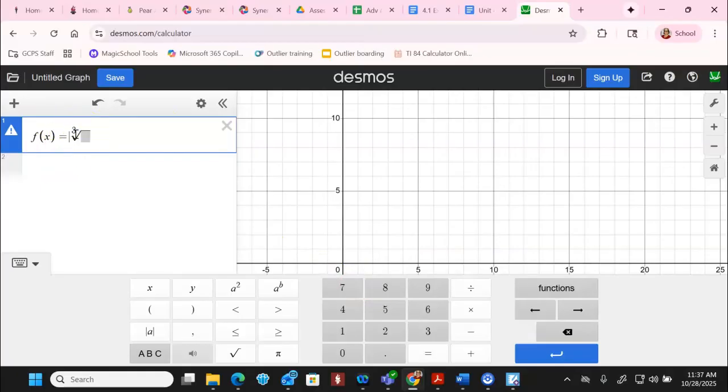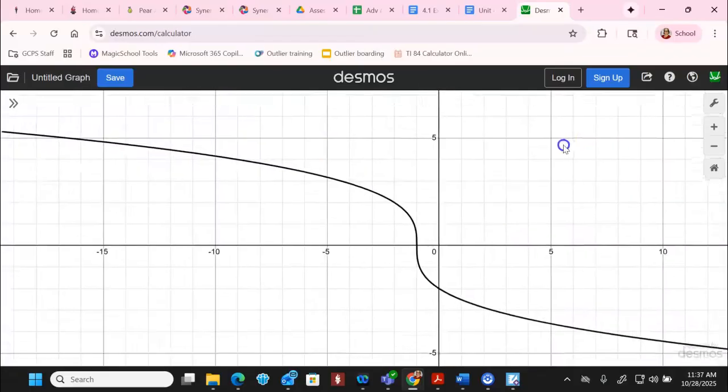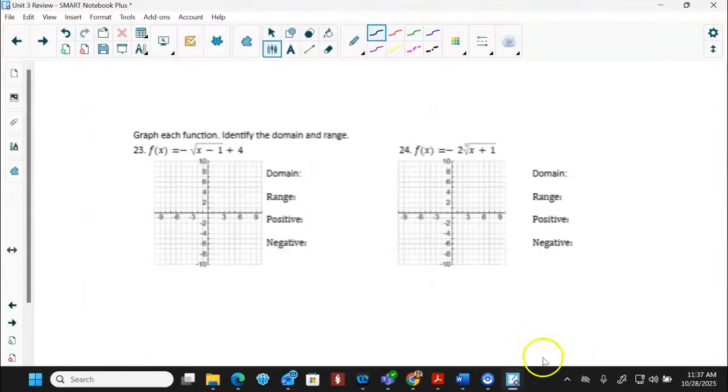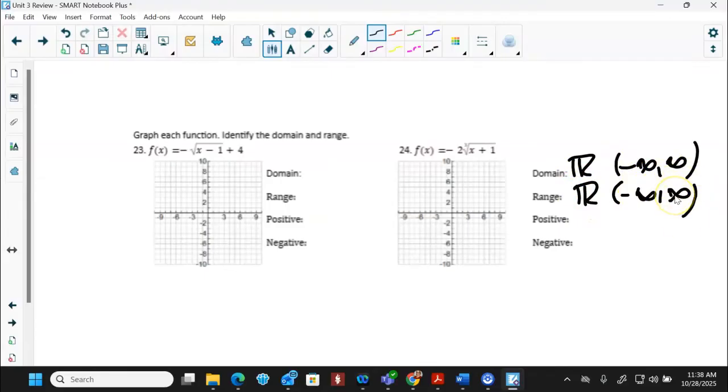It was -2, cube function x plus 1. Now remember, the cube function continues to go forever and ever. So that means that this is going to be all real numbers, or negative infinity to positive infinity. And the range is going to be all real numbers, negative infinity to positive infinity as well, okay, because it's going to continue to go.